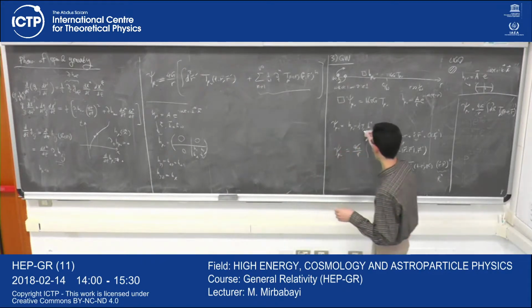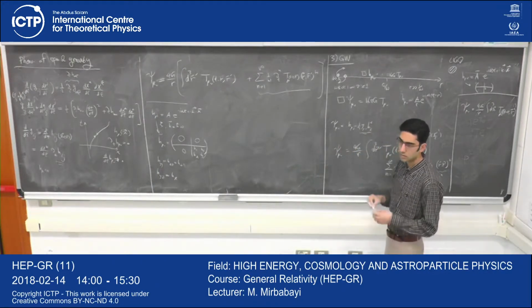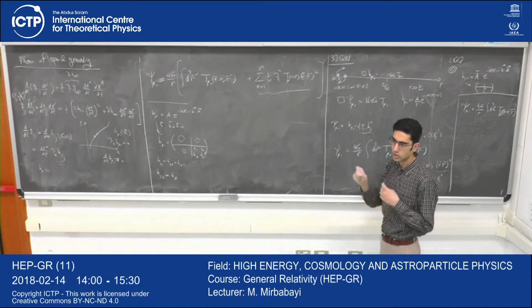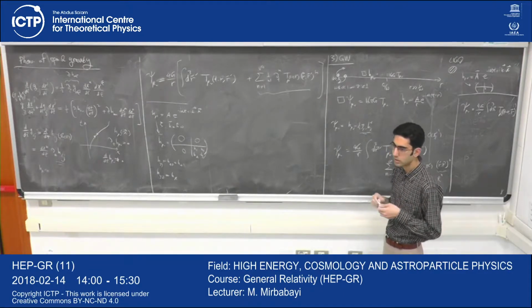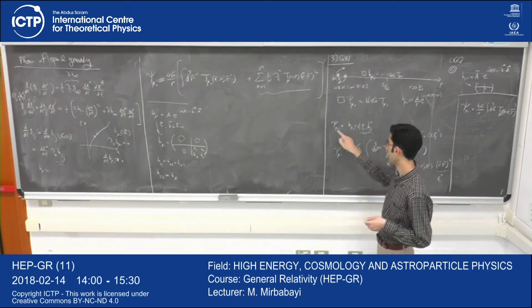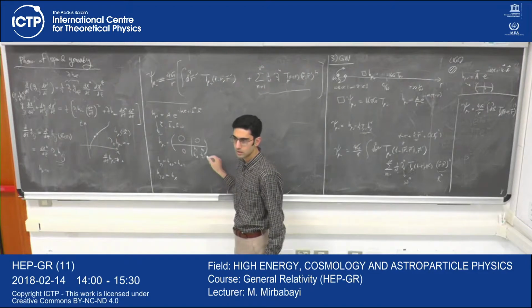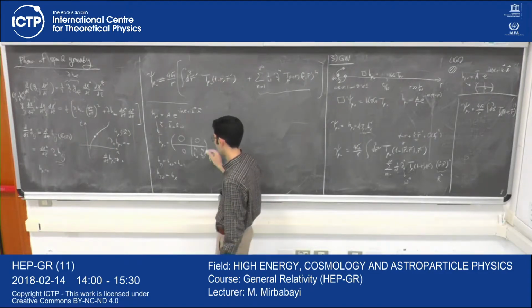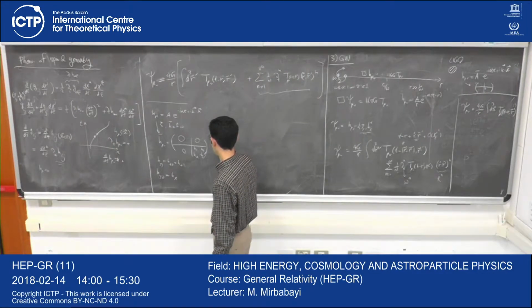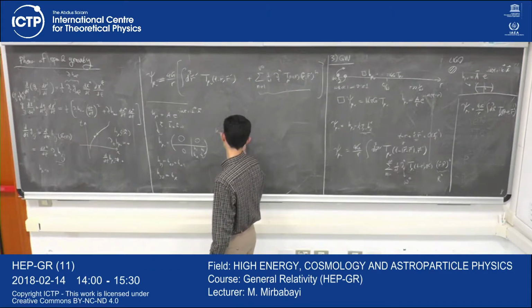And to define psi, I have added something to the trace. So once I look at the traceless contributions, it wouldn't change anything. So this psi and h, once I look at these components, they are going to be the same. In other words, h yz is going to be the same as psi yz.